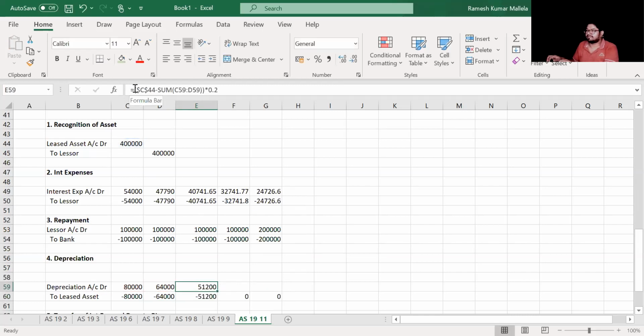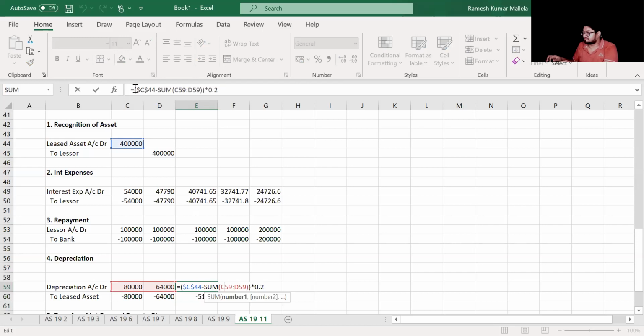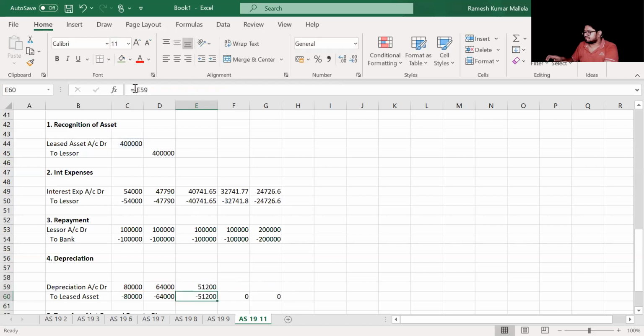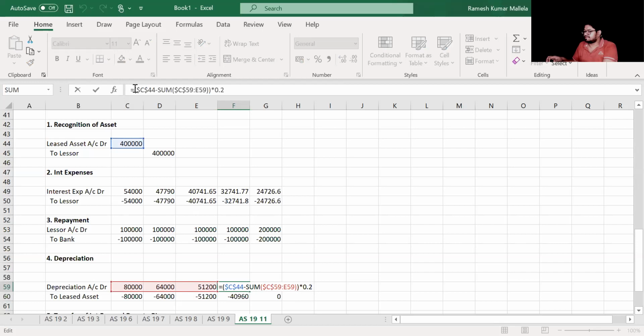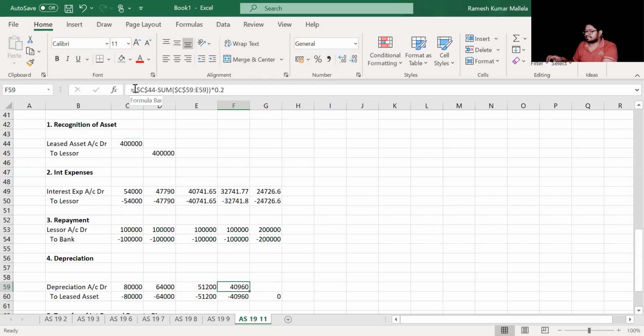So that is 51,200. I'll make this also static so that it keeps changing. So next year it is 40,960 and the fifth year it is 32,768. So what I did here is nothing but I have calculated depreciation at WDV.